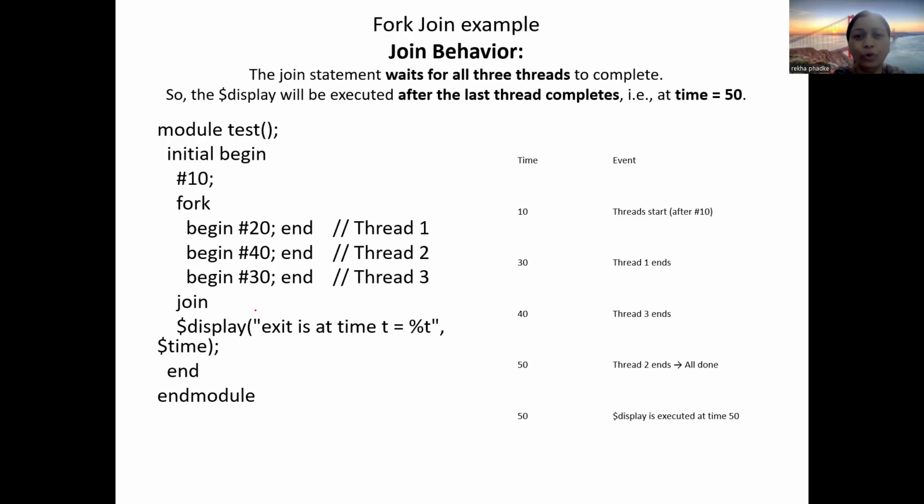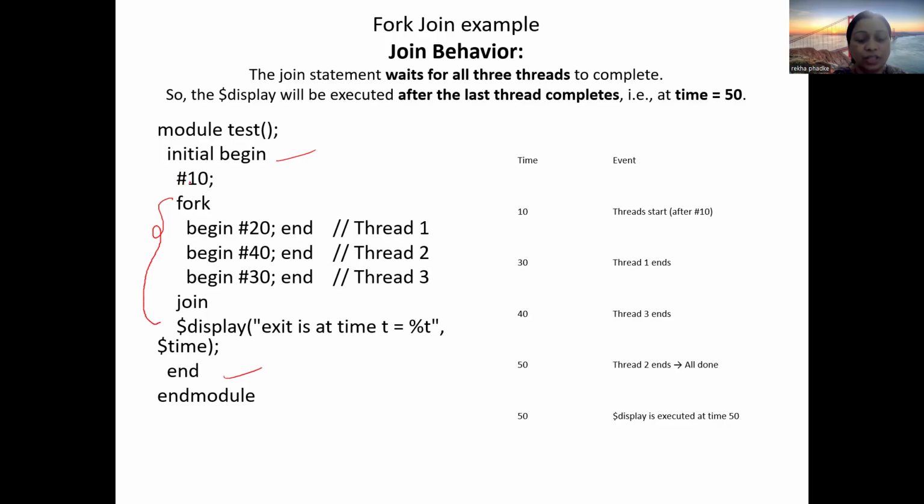Now, one more example here, wherein I have used the module by name test and a process here which is initial begin end. So this is a block, and inside the process we have a fork join. And before fork starts its execution, we have a #10 delay.